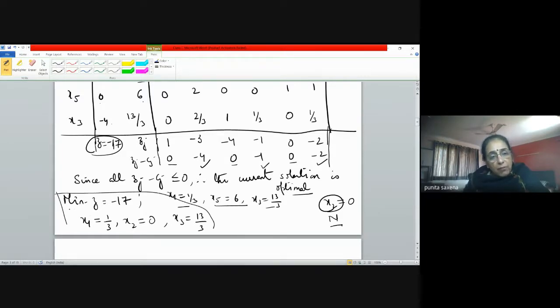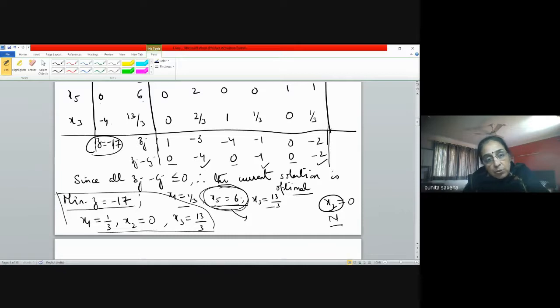What is the minimum value of the objective function, and what are the values which the decision variables are taking? The slack variable x5 taking the value 6 has a significance. It's not that it is insignificant. It is important because in your optimal solution, one of the slack variables is at a non-zero level.